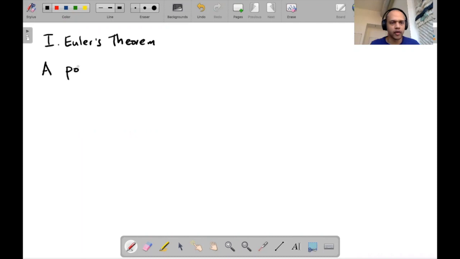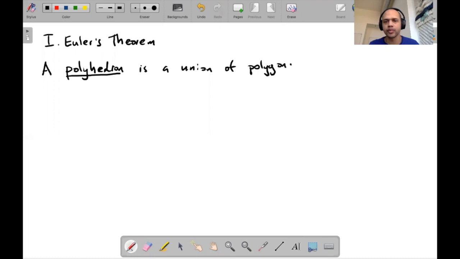So let me give you a definition. A polyhedron is a union of polygons in free space that are glued together in sort of a nice way.